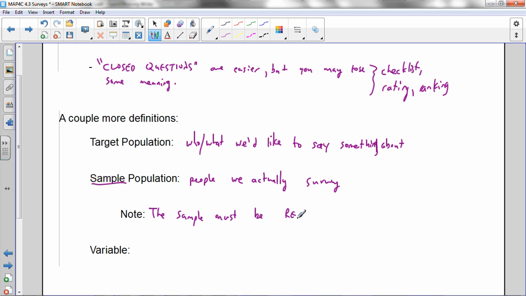The word is representative. The sample must be representative of the target. Otherwise, we get bias.